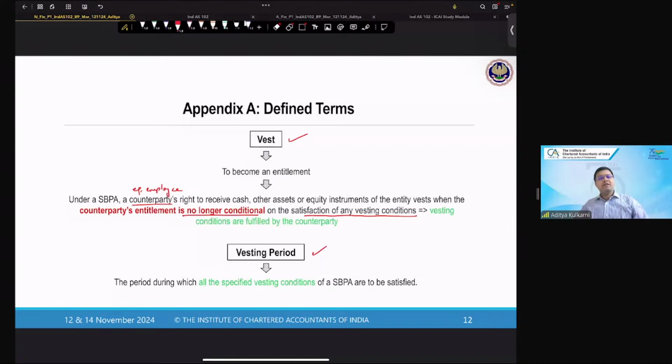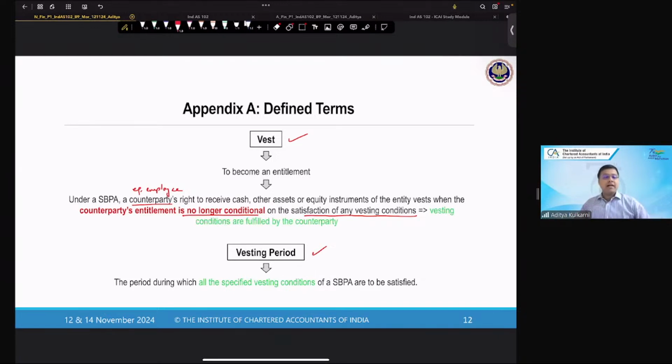That means he owns this asset, he owns these equity shares, he is entitled to get it. It has not yet come to him. There is probably an activity that needs to be done in the exercise period, but now he already has the right over the employee stock options that have vested in him. He has fulfilled all the conditions that are outlined for the options to vest in him.